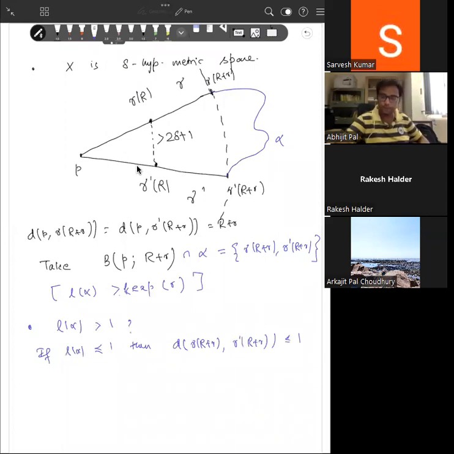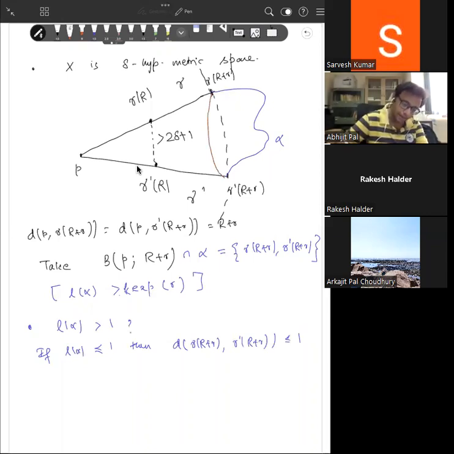Now you join these two points by a geodesic, and the length of this geodesic is at most 1, assuming that the length of alpha is less than or equal to 1.